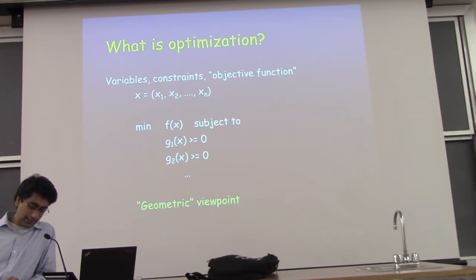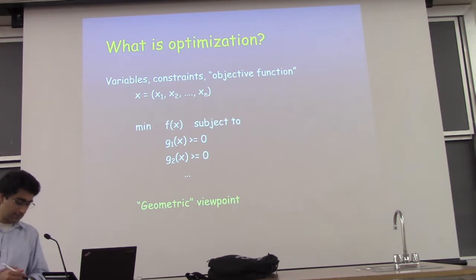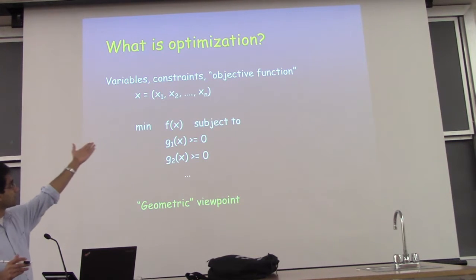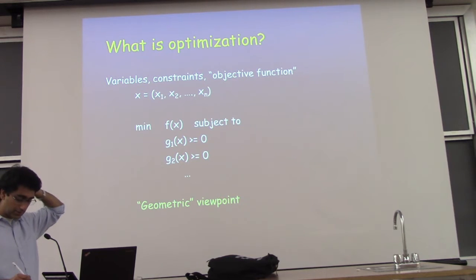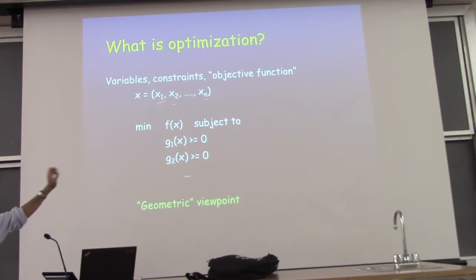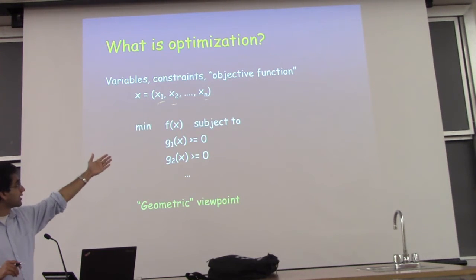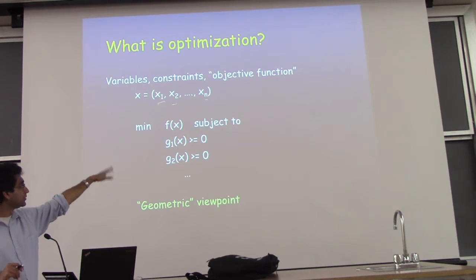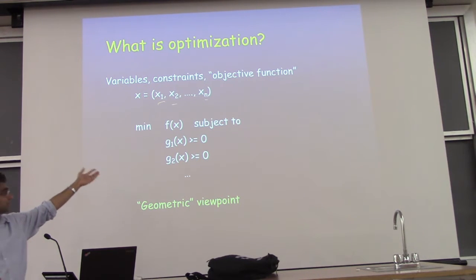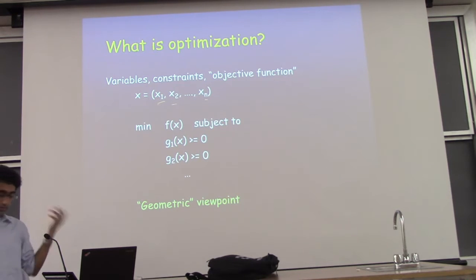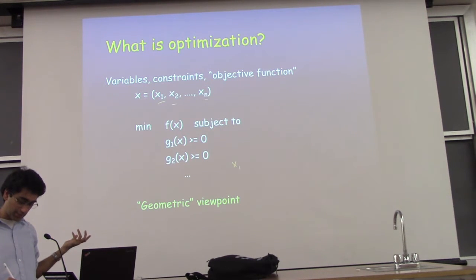And formally this is what it was. So you have variables x1 through xn, and you want to minimize or maximize some function f of x subject to some constraints. Think of constraints as being anything in principle. They could even be things like xi belongs to 0 or 1.